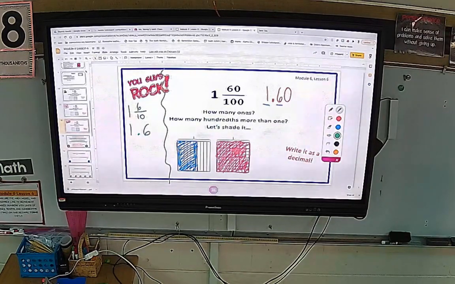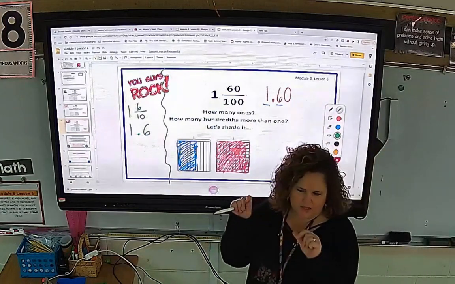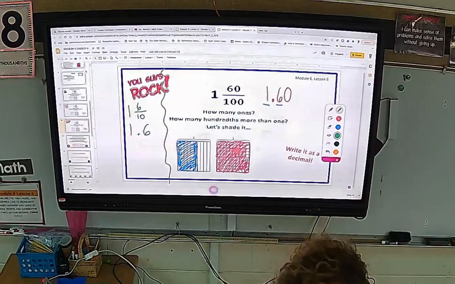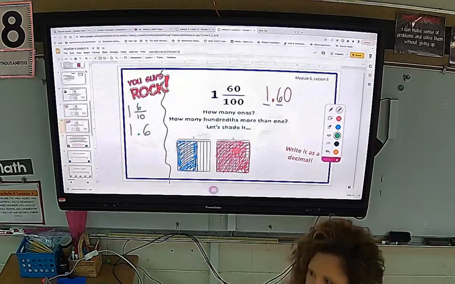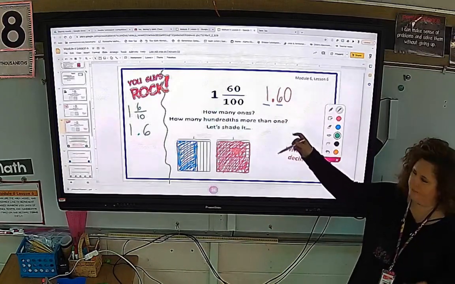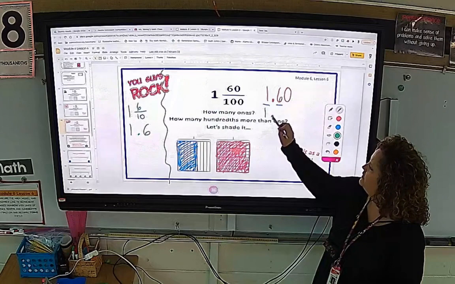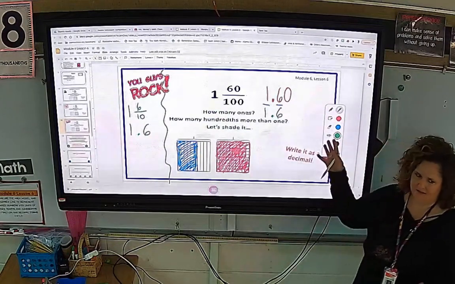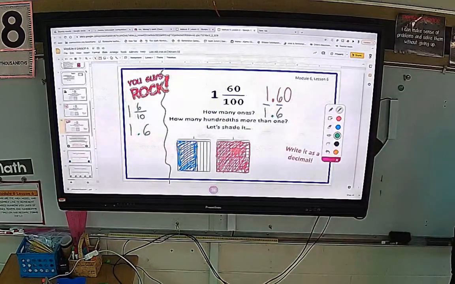Look at the 2 things that you have. The area models look exactly the same, don't they? Okay, so listen carefully here. This is one of those little quirky things that sometimes gets us confused or tricked a little bit. 1.60 hundredths and 1.6 tenths is shown exactly the same.